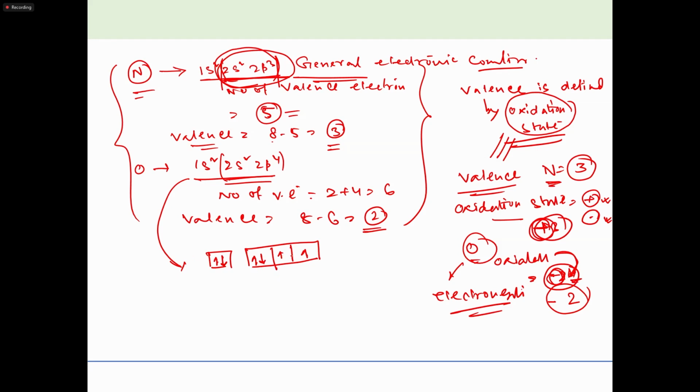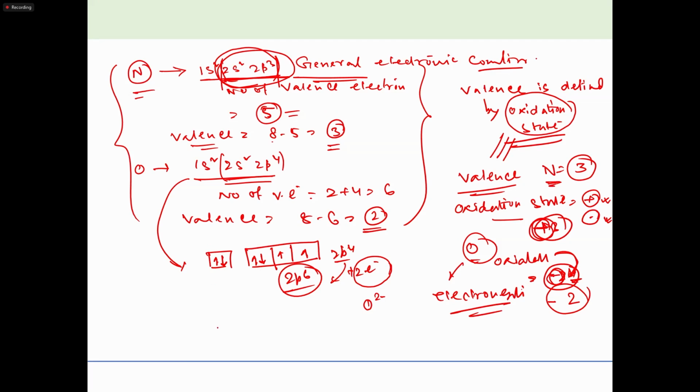The more stable electronic configuration would be 2p6, but it is 2p4, so it needs 2 electrons. Then the electronic configuration will be 2p6. So when it takes 2 electrons, the oxygen will have a -2 charge. That's why the oxidation state of the oxygen will be minus 2.